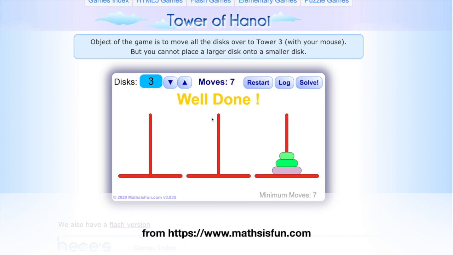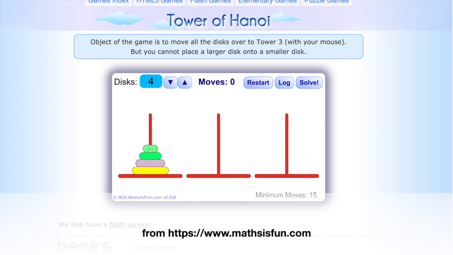It's not too bad with 4 discs either, so let me go up in size just one more time. Okay, now we have 4 discs stacked on top of each other, so the first move has to be correct. I think it should go to the right, and then I'll stack like this. Nope, I should have put it in the middle. Okay, because if I move that over, then I can't move this anywhere.